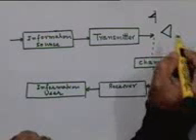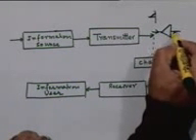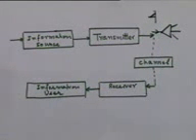This is the notation for an antenna. So this is a signal coming in and it radiates, right? This triangle is usually used to denote an antenna in a communication system block diagram. But physically, an antenna could be one of many types depending on what frequency range you are working with.